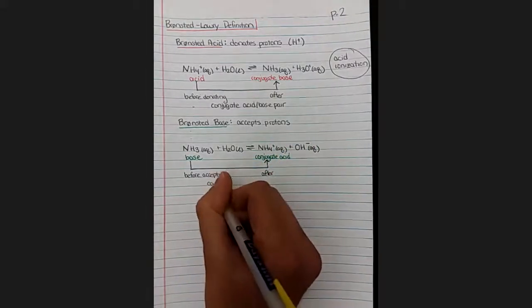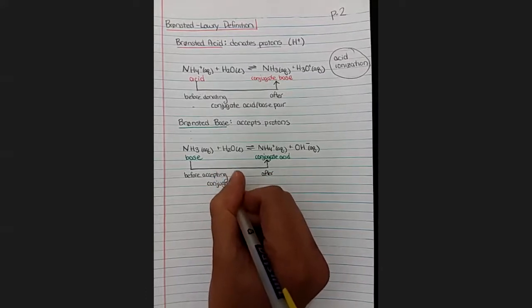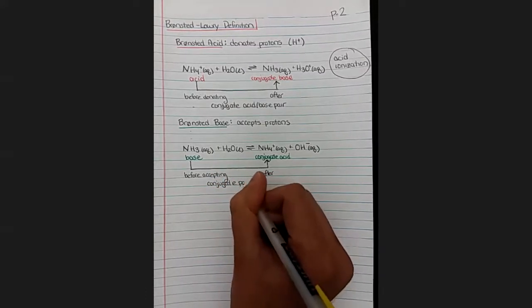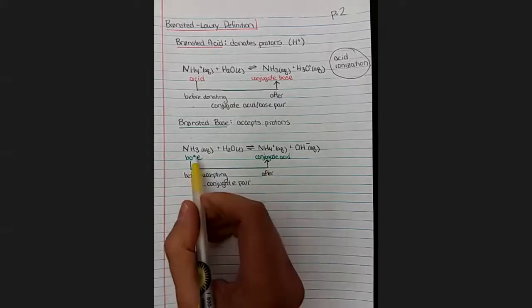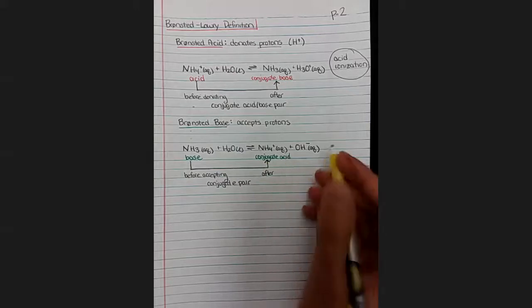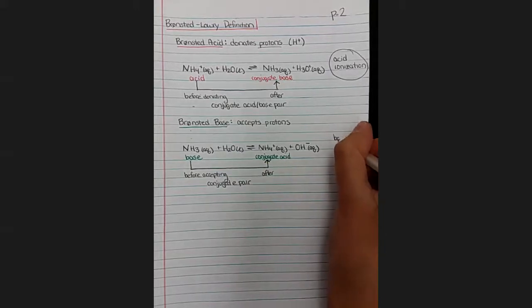And this is going to be another conjugate pair. Okay, and then we wrote this reaction here of a base that's put into water to form ions. And so that is going to be called the base ionization reaction. Another important one to remember.